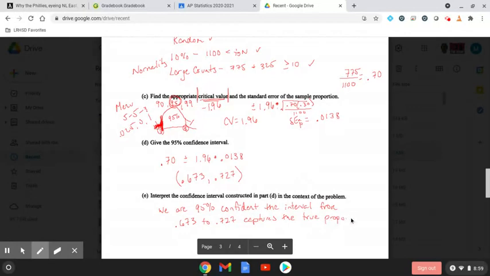And from there, I will stop writing and just put a little dot, dot, dot. Captures the true proportion of who? The true proportion of U.S. males between ages 12 and 17 that play MMORPGs.